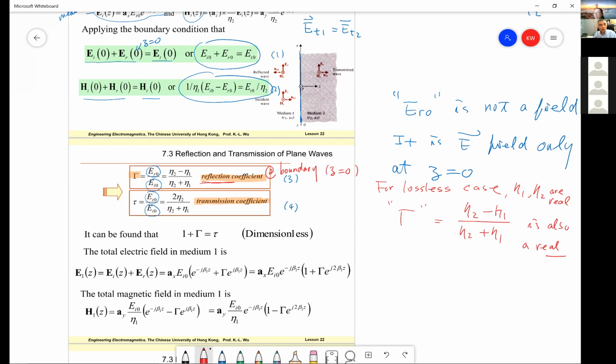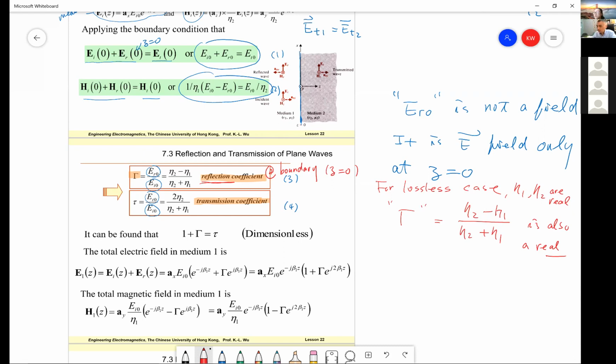If you recall, even last week we discussed, in general, if we have a conductivity in the medium, the intrinsic wave impedance is a complex number, okay? But for now, for easy discussion, we consider it real, okay?